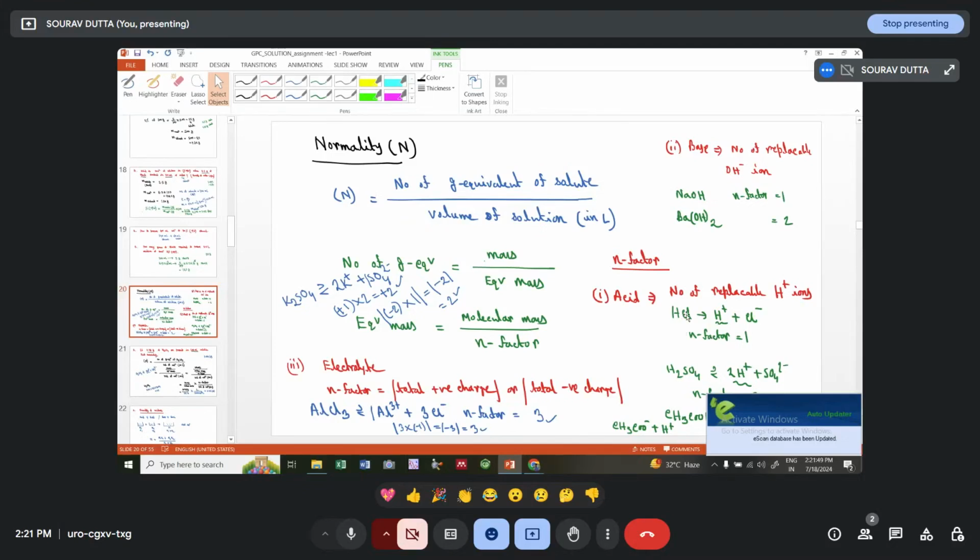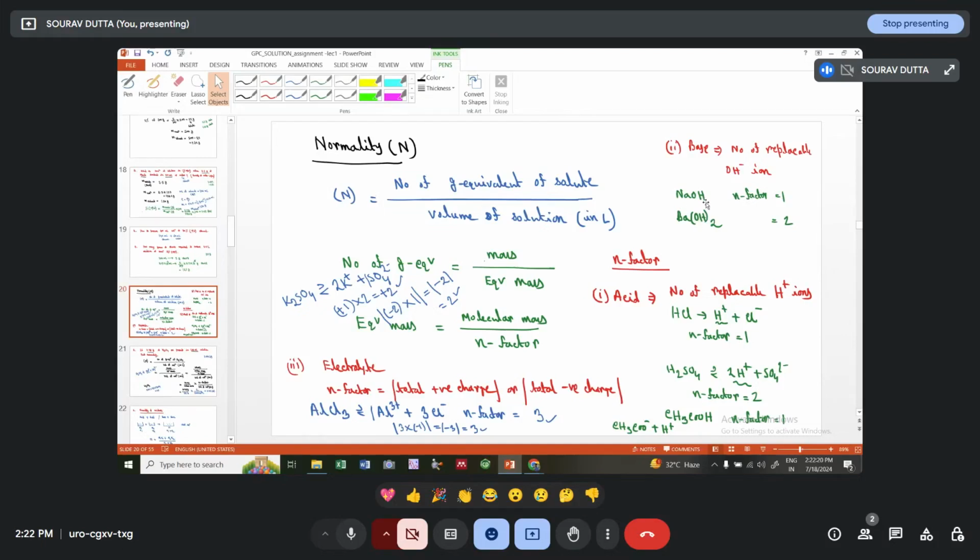Like HCl, in the solution gives 1 H plus and 1 Cl minus. So here n factor is 1. But if I am talking about H2SO4, it will give 2 H plus and SO4 2 minus. So there are 2 H plus ions. So n factor is 2. Similarly for acetic acid, acetate and 1 H plus ion. So n factor is 1. In case of base, number of replaceable OH minus ion represents the n factor.